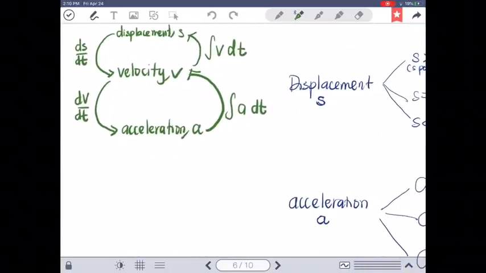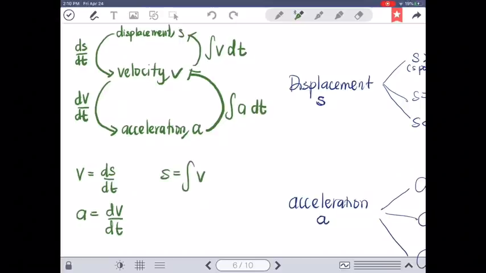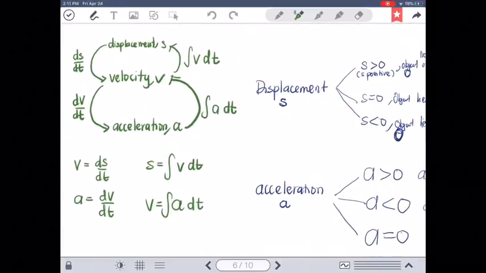So in other words, v is just equal to ds over dt. a is just equal to dv over dt. And S is just equal to the integration of v with respect to t. v is also equal to the integration of a with respect to t.